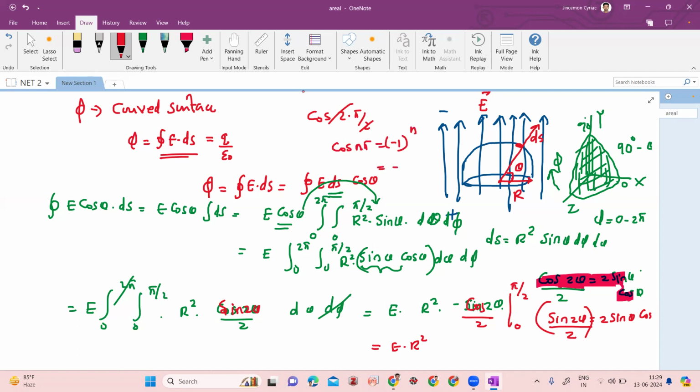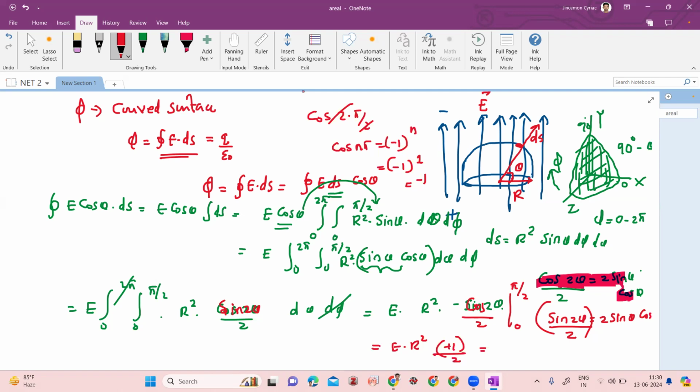So cos pi is minus 1 raised to 1, that's equal to minus 1. Then minus into minus 1 is equal to plus 1 by 2, and minus cos 0 is equal to 1.